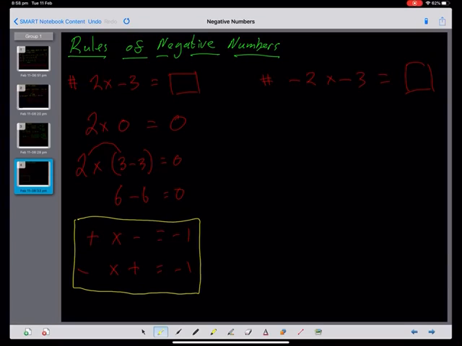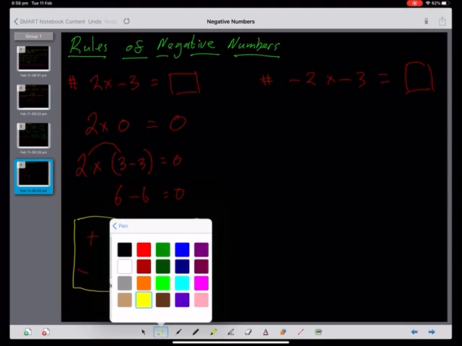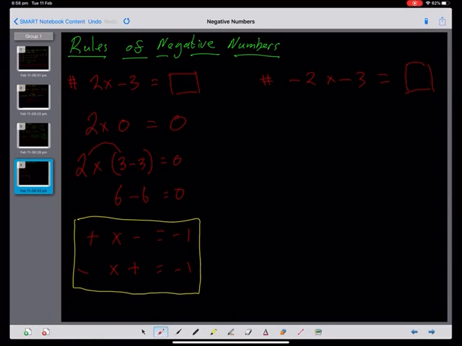But we do know what something multiplied by 0 is. So a negative 2 multiplied by 0 is definitely 0. Okay, so let's get negative 3 plus 3.